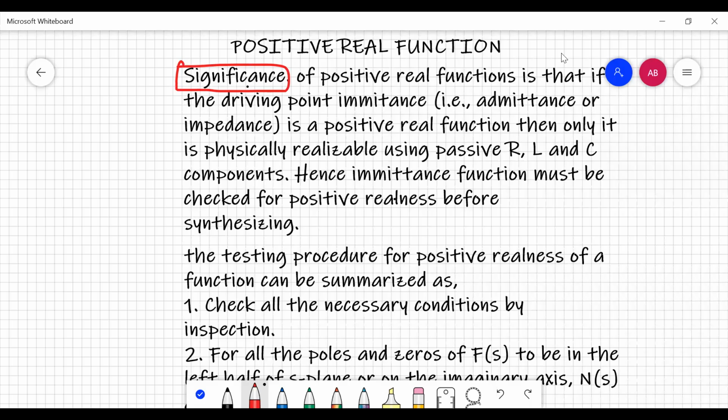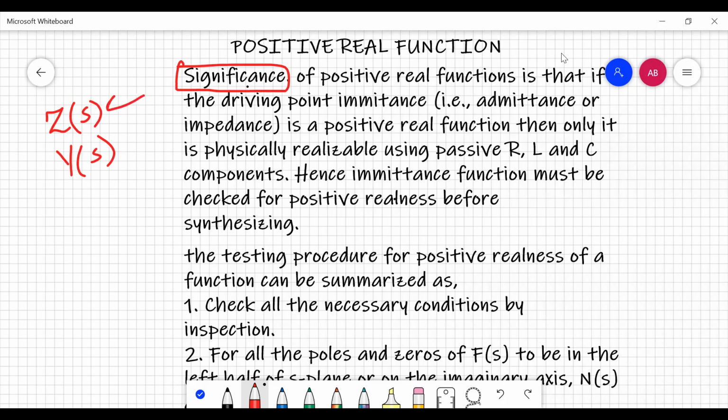You should just remember one thing: whenever you are given a numerical based on network synthesis, either you will be given the admittance or the impedance function to synthesize a given circuit using passive components.